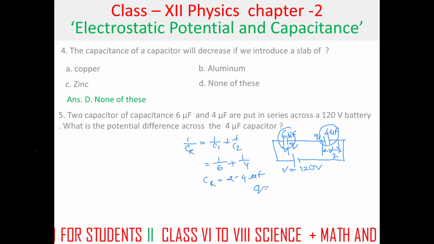Now again, Q equals C into V. If it is V2, you can put V2 with C2. So Q I have got, and C2 I know is 4, into V2 which I don't know. So from here I can get V2 equal to 2.4 by 4, so it is coming 0.6.